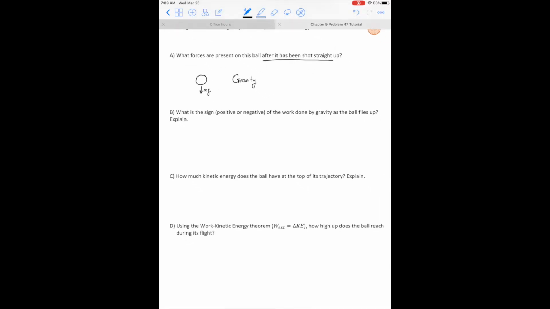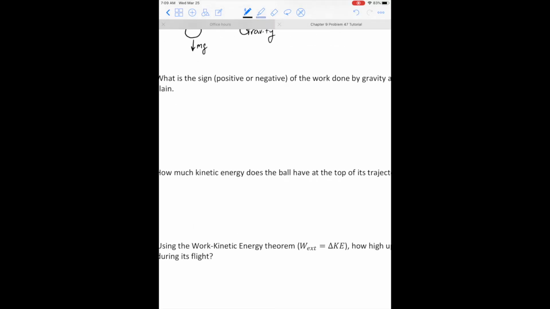So we're just with gravity. So easy part A. Part B, what's the sign, positive or negative, of the work done by gravity as the ball flies up? Explain. So let's just think about the work for a second. Work is equal to F dot our displacement. I'm going to write that as delta x, even though we are going to be moving straight up.